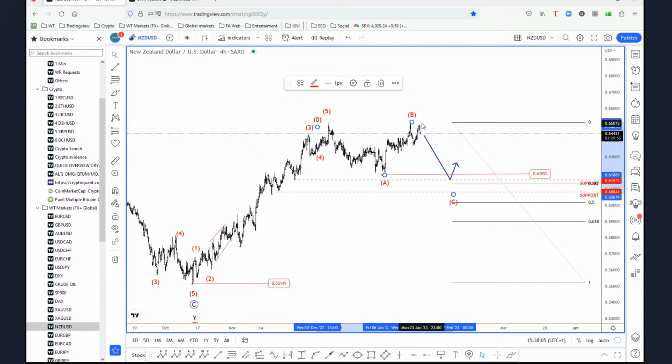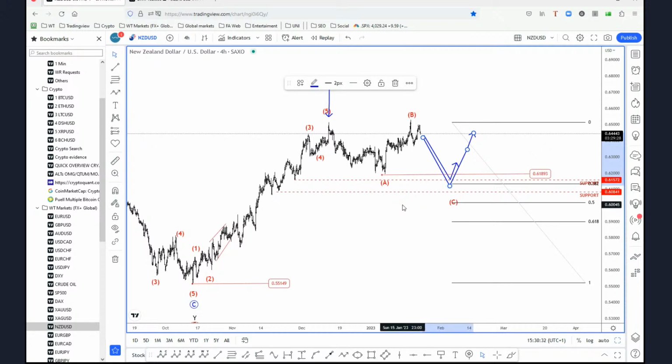In other words, this retracement that started from here back in December could actually be still underway. So in either scenario, we will see a retest of those levels and then a bounce, sometimes from the wave A level, sometimes even lower. So definitely the whole area down here around 0.60 is very, very important, up to 0.62, of course.